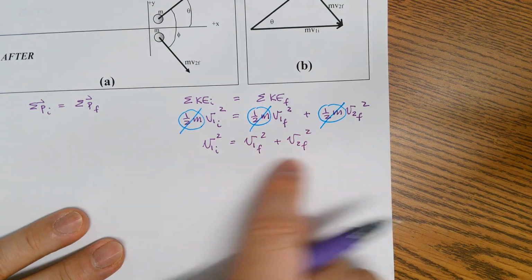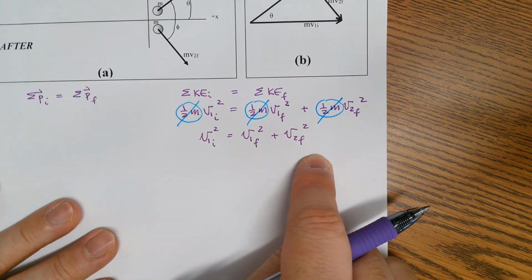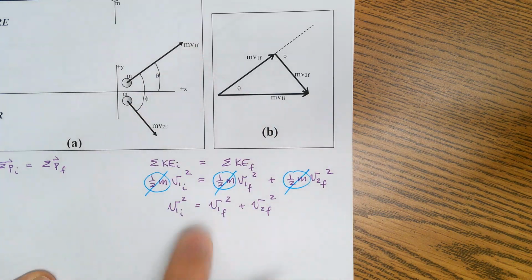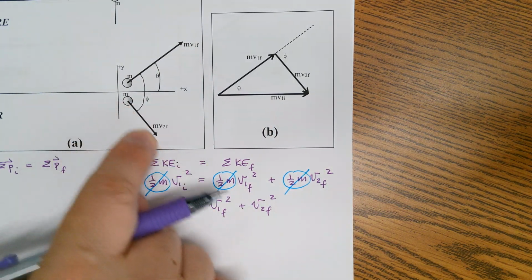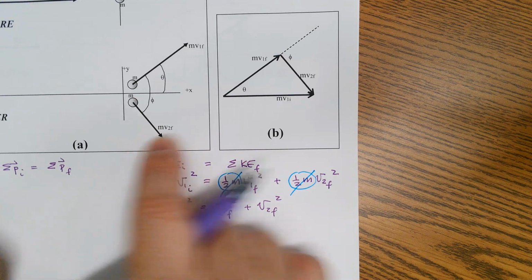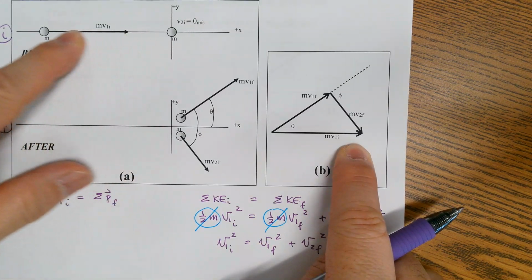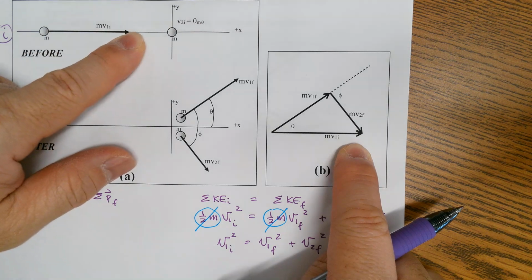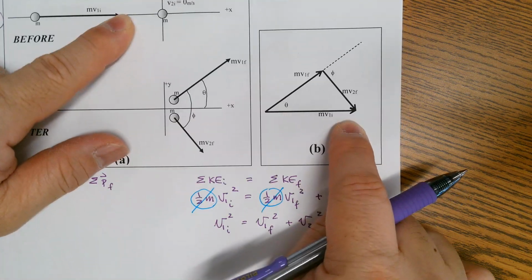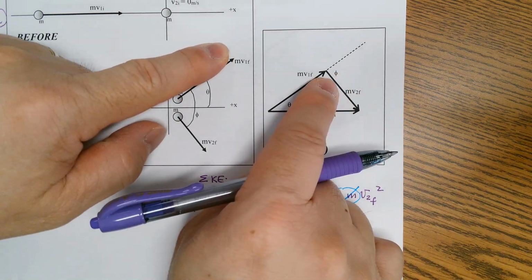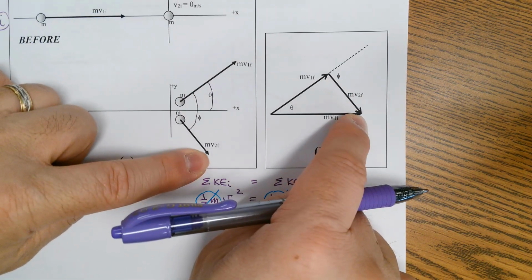Now these are basically the magnitudes of the velocities. So this initial v squared must equal this final v1 squared plus final v2 squared.